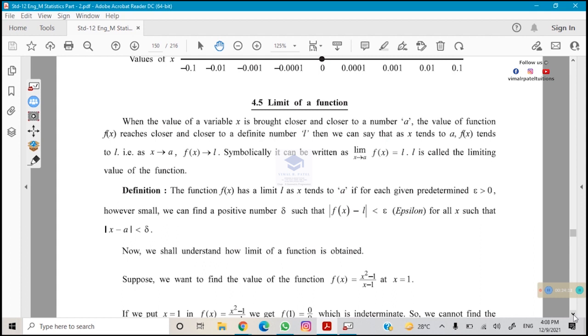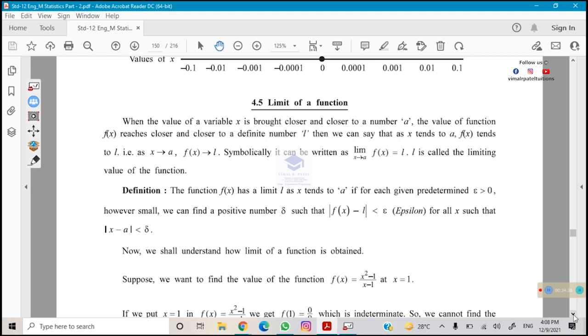Very confusing definition, but meaning of it, as I explained earlier, when value of x goes nearer to any particular number, then by replacing that particular value in function with x, we can find a definite value of function, that is called limit of function.